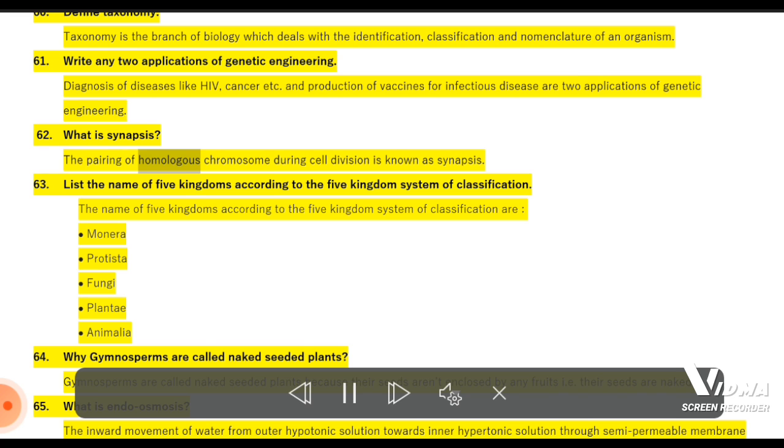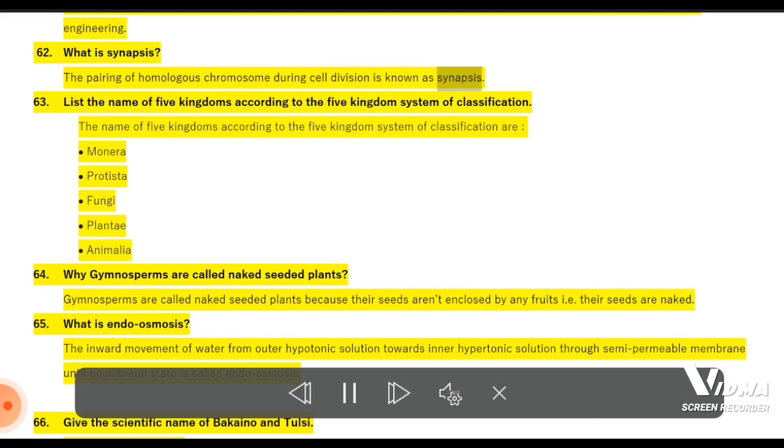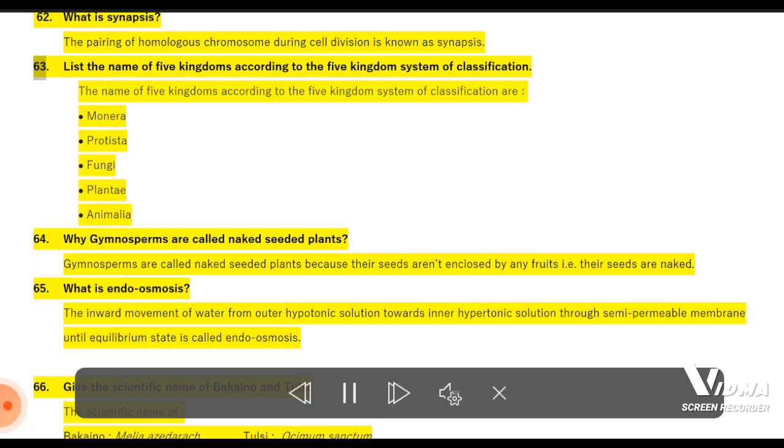The pairing of homologous chromosome during cell division is known as synapsis. 63. List the name of 5 kingdoms according to the 5-kingdom system of classification. The name of 5 kingdoms are Monera, Protista, Fungi, Plantae, Animalia.